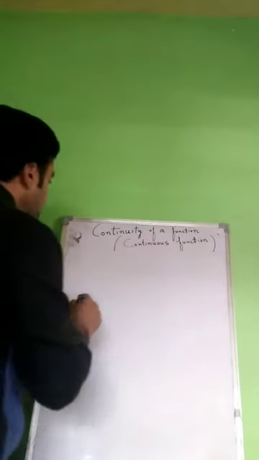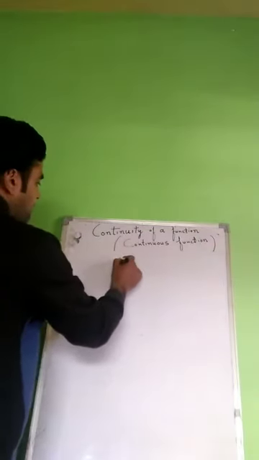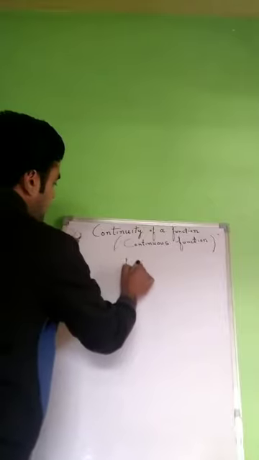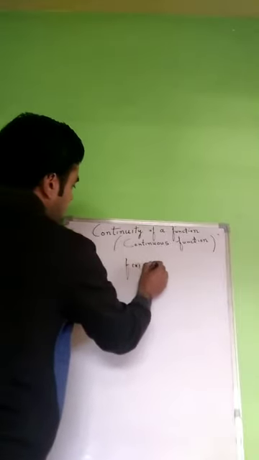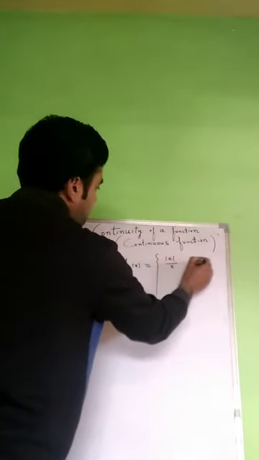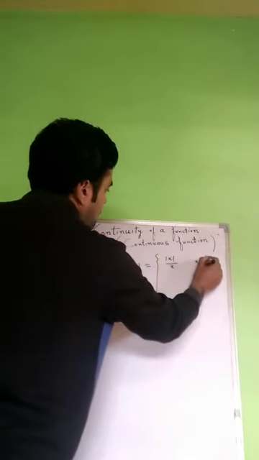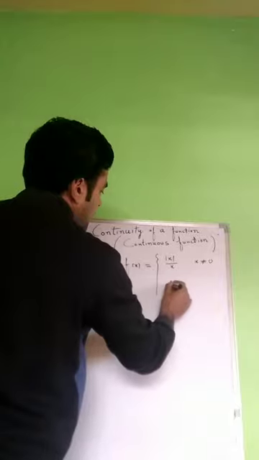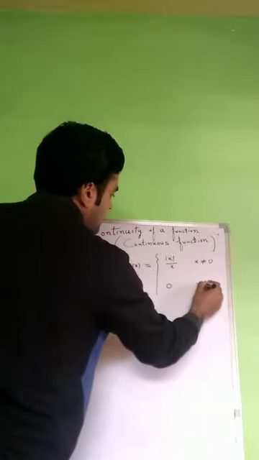Okay, now let's take a function f(x) is equal to mod x by x, x is not equal to 0, and this is 0 when x is equal to 0.